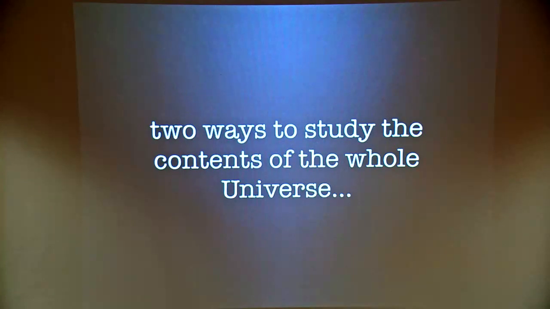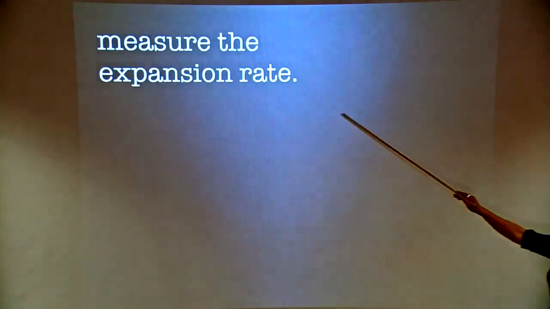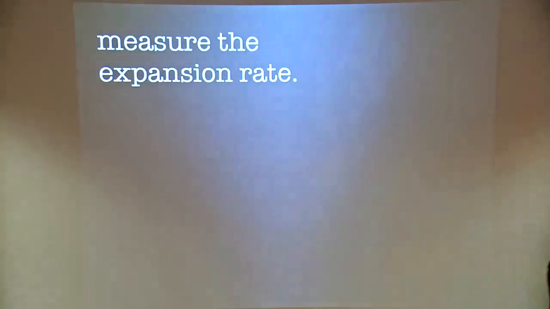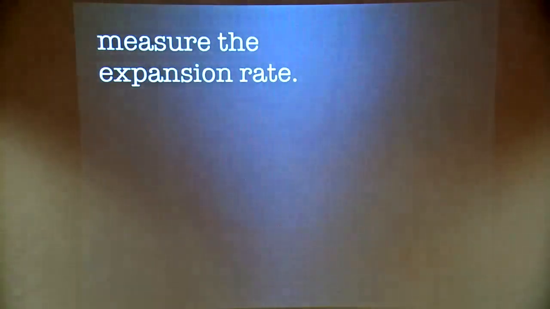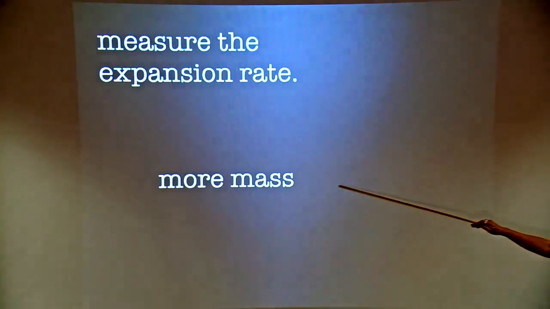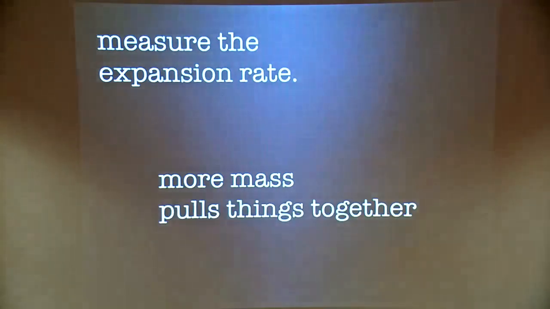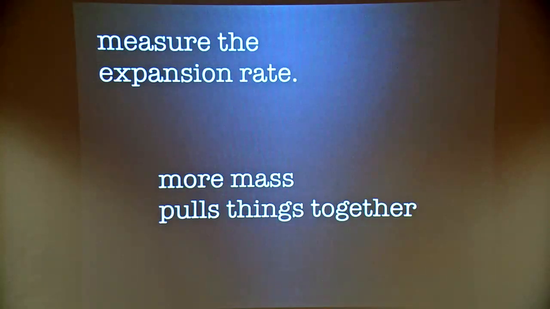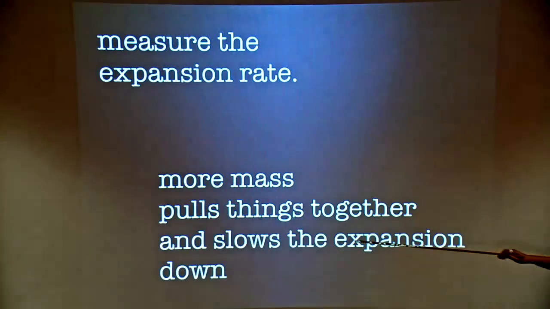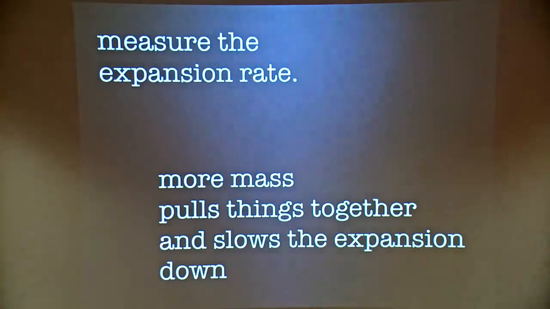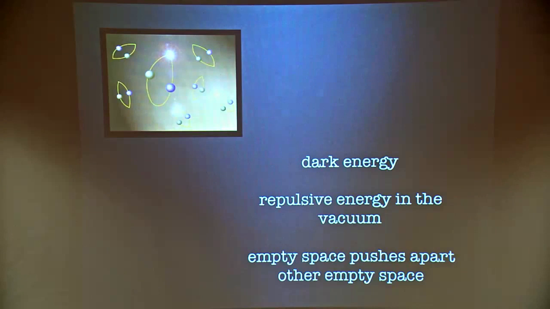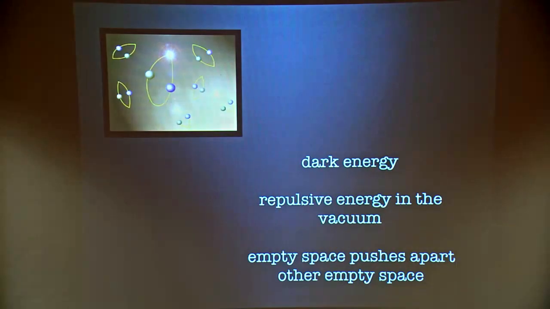So the first thing we can do is we can measure how fast the universe is expanding. Okay. So now let's just think this through. If we have more mass, whatever kind of mass it is, that mass pulls things together. More mass, more gravity, so it'll pull things together. And so that's actually going to slow down the expansion rate. Okay? Now we have this other thing, which I mentioned to you, this strange thing called dark energy.